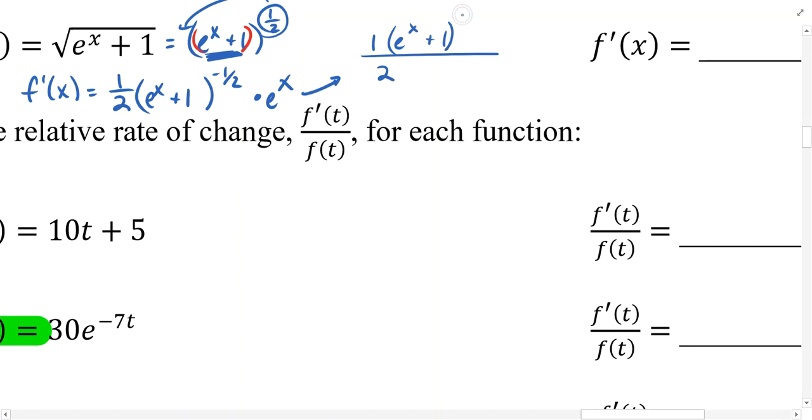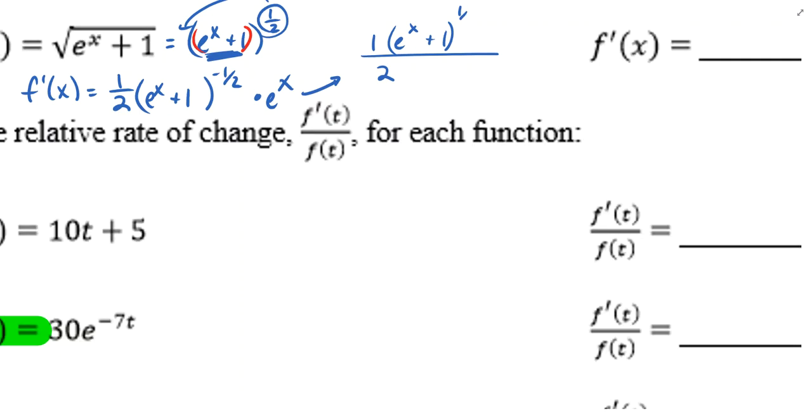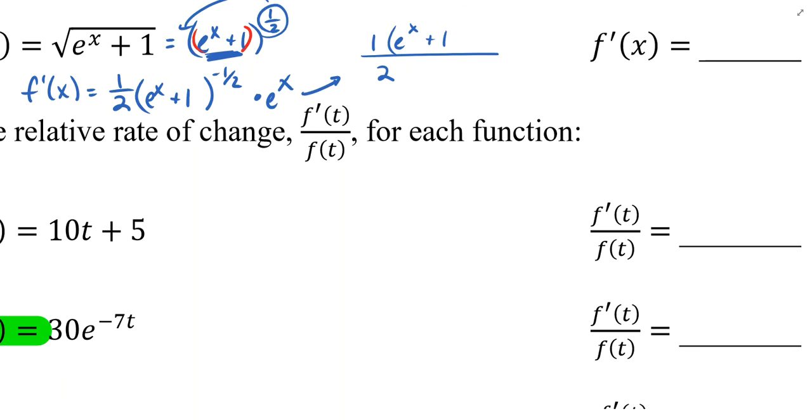And rather than writing this as a power of 1/2, since this original problem started with a radical sign, I would probably rewrite this one as a radical as well. So we'll say the square root of e to the x power plus 1.